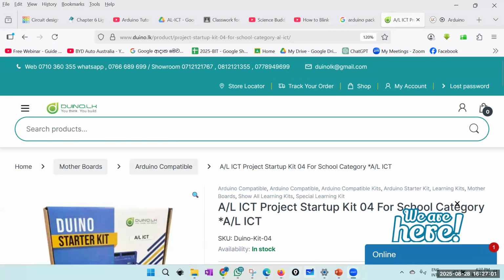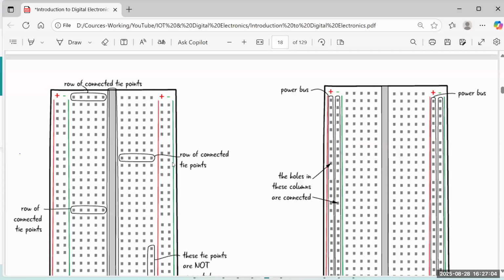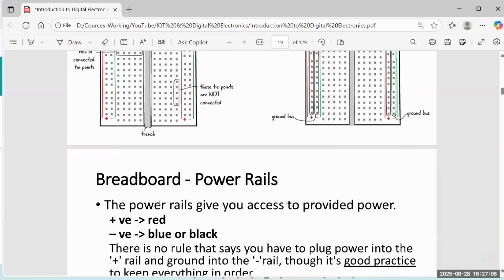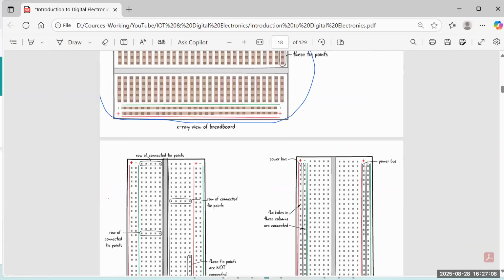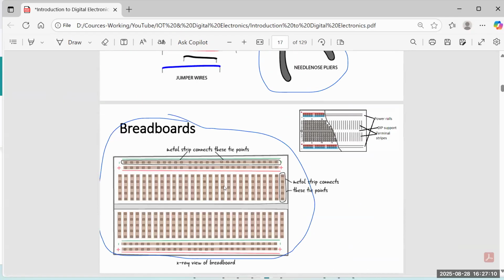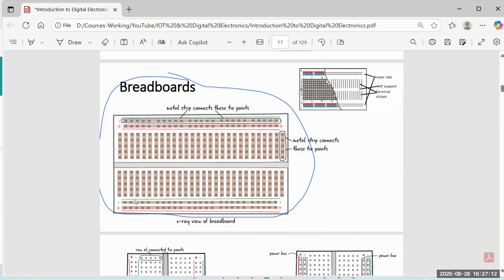So let's get back to our discussion. I'll come back to this again if we need. So this is called a breadboard. The breadboard is made of a solid thing, but you can fix LED bulbs, transistors, resistors, and so on into these holes.